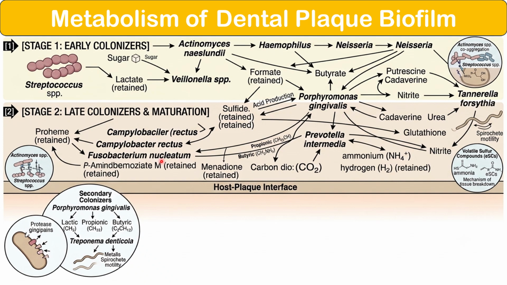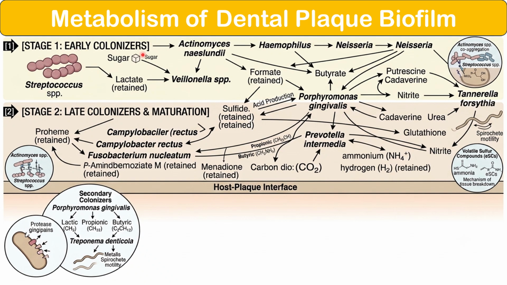So now let's understand the metabolism of dental plaque biofilm. One important feature of a biofilm is that the bacteria do not live independently. They cooperate metabolically. In simple words, the waste product of one bacterium becomes a nutrient for another bacterium. This is called metabolic cooperation or cross-feeding.